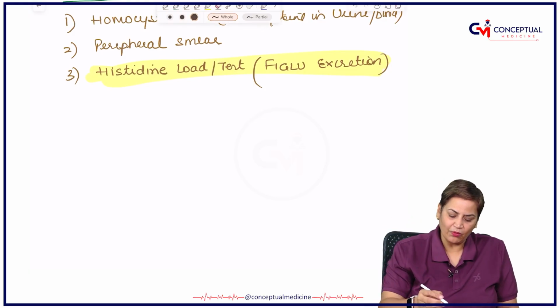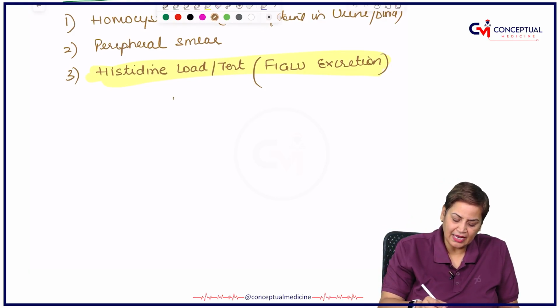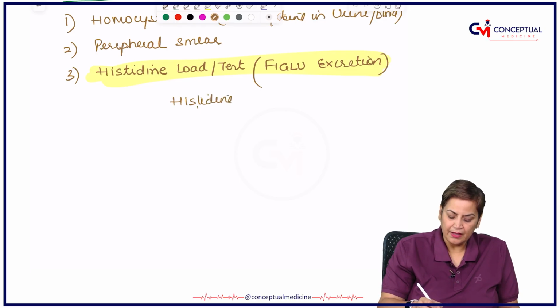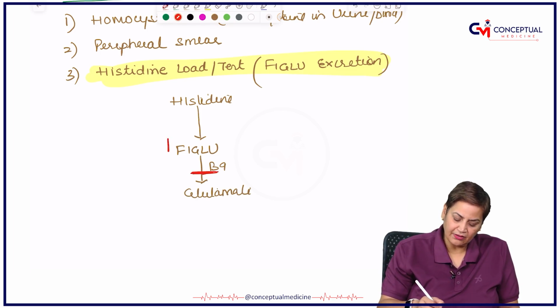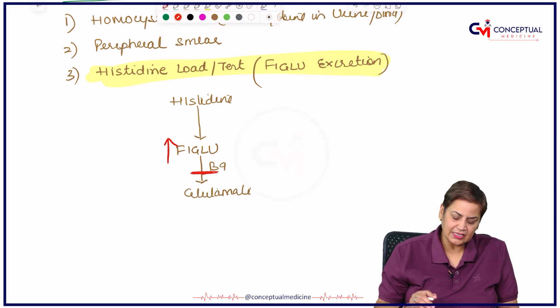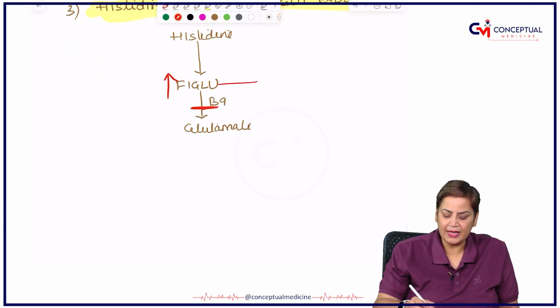So what is the reaction behind that? Histidine forms urocanate and then it forms Figlu. And this Figlu in the presence of B9 will be converted into glutamate. So if B9 is deficient in that patient, the concentration of Figlu will increase and this Figlu will be excreted in urine, which indicates B9 deficiency.